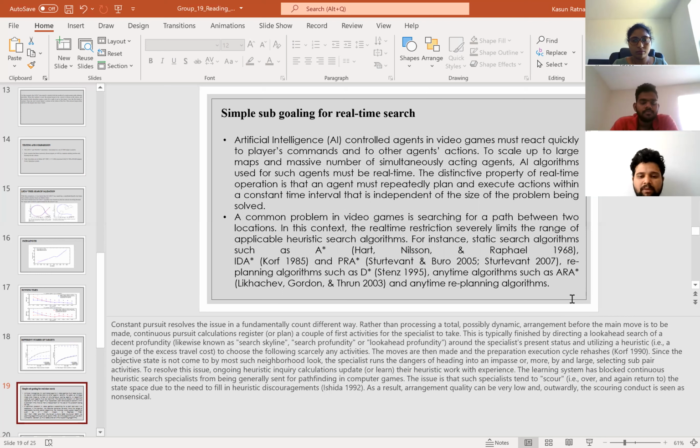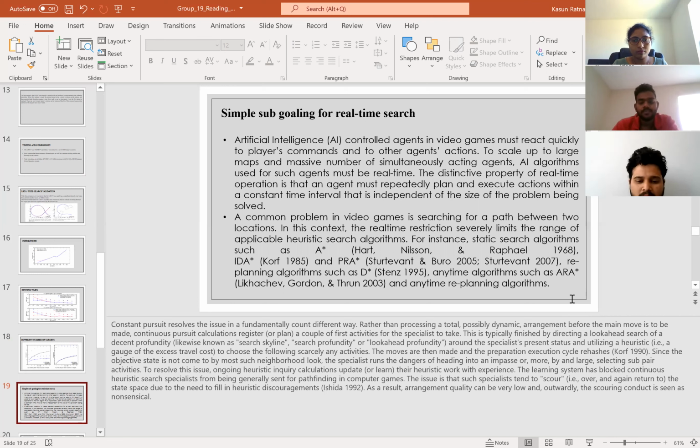This is typically done by conducting a look-ahead search of a fixed depth around the agent's current state, and using a heuristic to choose the next few actions. The moves are then made, and the planning-execution cycle repeats, since the goal state is not reached by most such a local look-ahead.